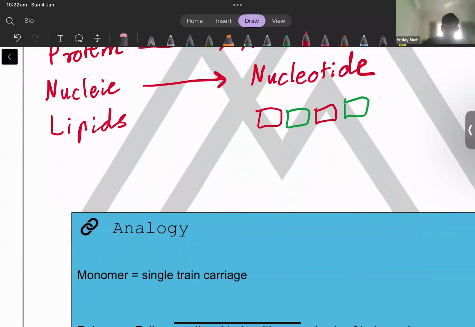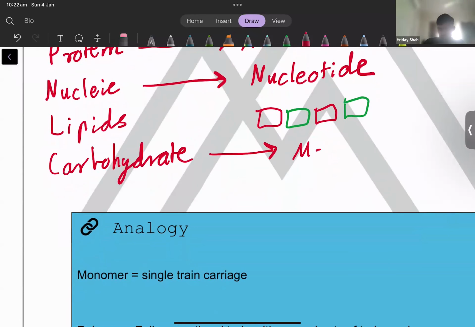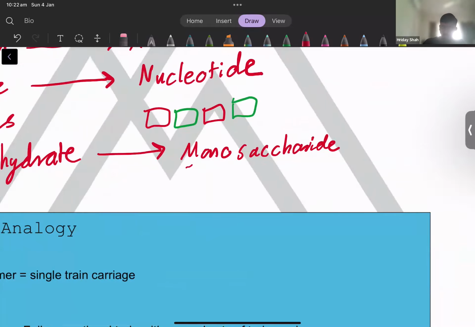Hence, the very last one is carbohydrate, and its monomer is a monosaccharide, which is a very fancy term for the simple sugars. So again, think glucose.